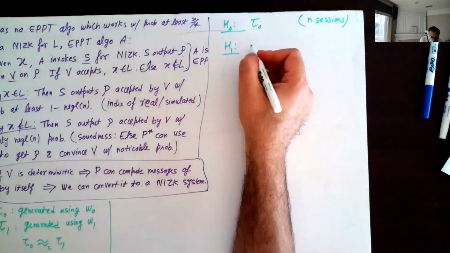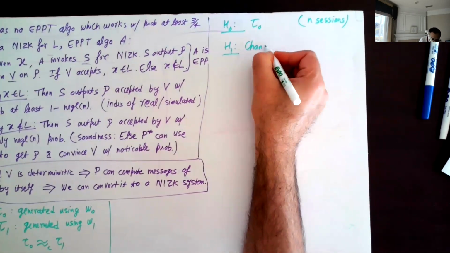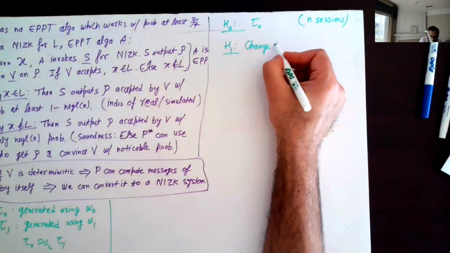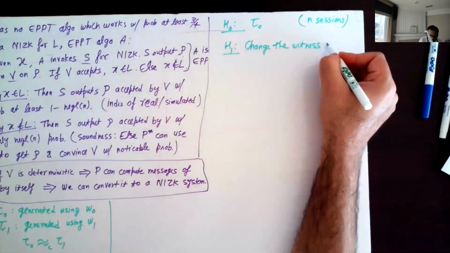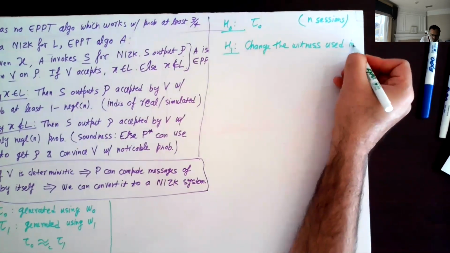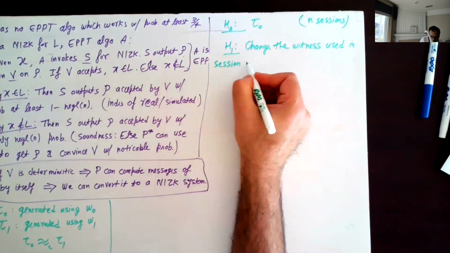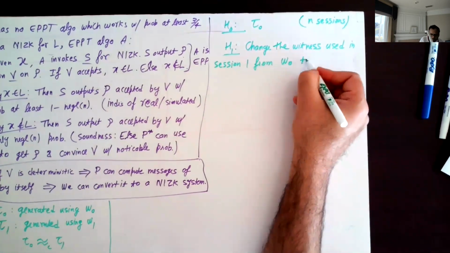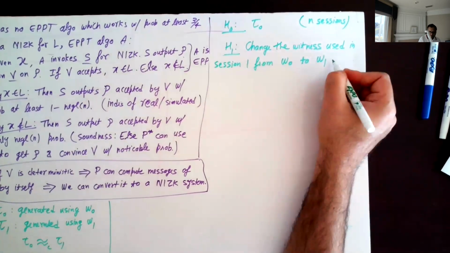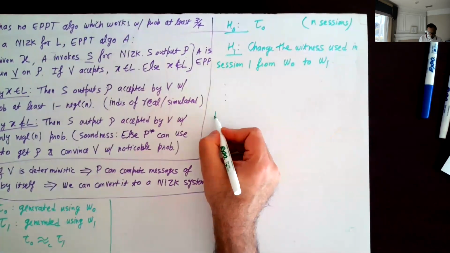So in hybrid 1, change the witness used in session 1 from W0 to W1. Okay, and we will continue.